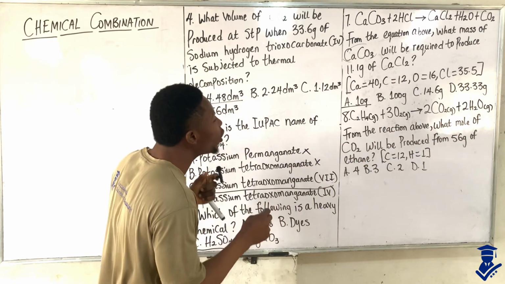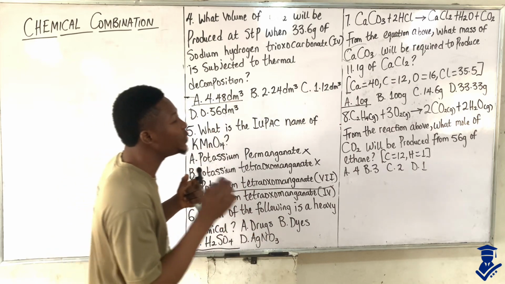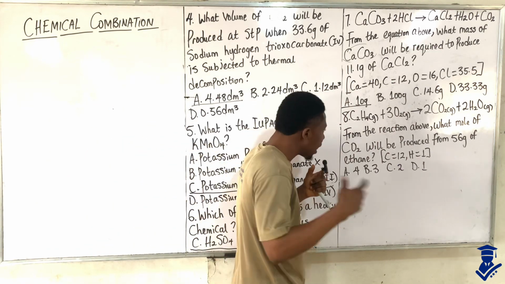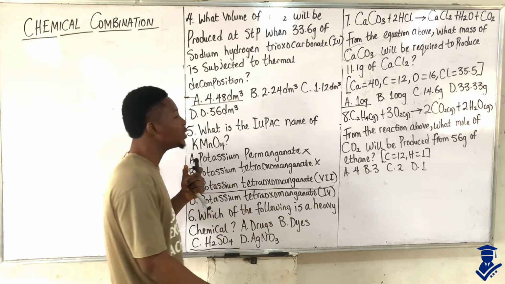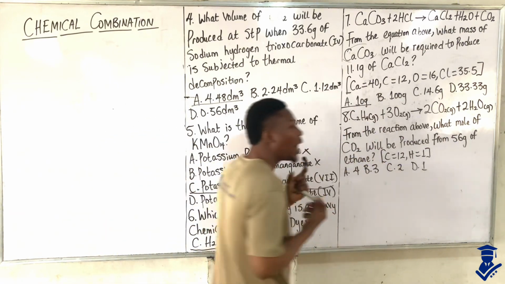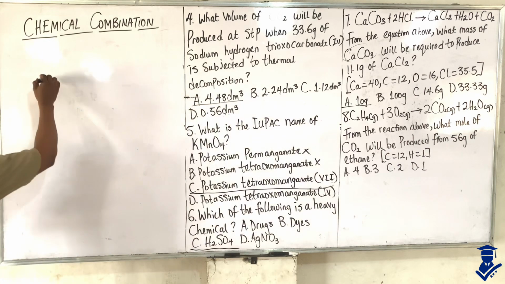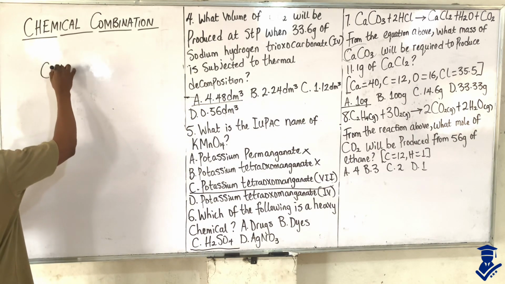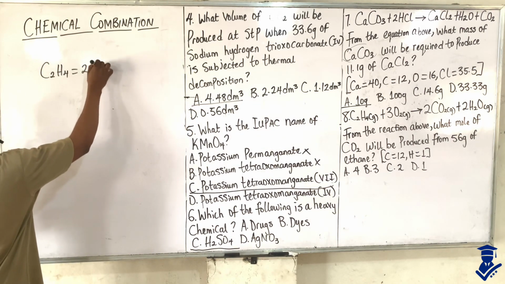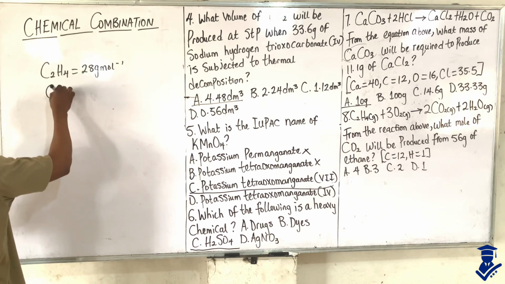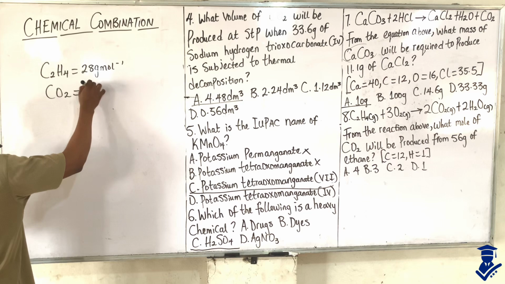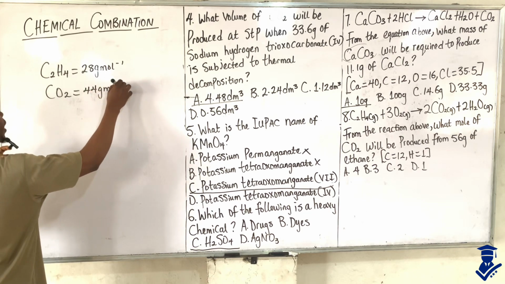Now we can move further to solving the question. What mole of CO2 will be produced from 56 gram of ethane? Now we have to find the mole of ethane, because now we have the mass, and mind you, the molar mass of ethane is 28 gram per mole, and the molar mass of CO2 is 44 gram per mole.